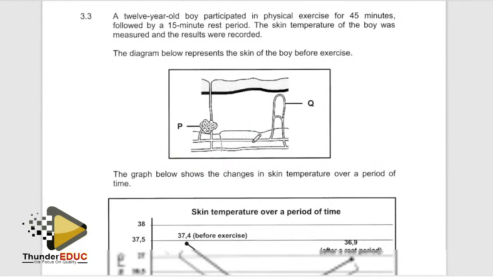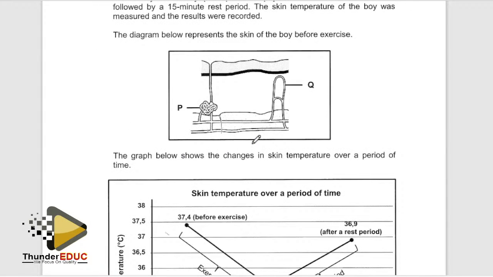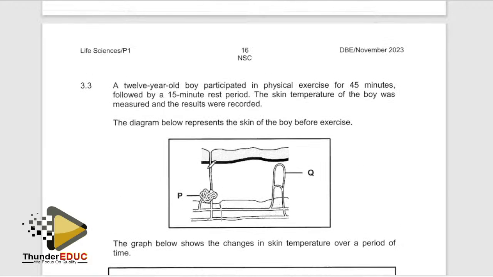Then the next question says that a 12-year-old boy participates in physical exercise for 45 minutes, followed by a 15-minute rest period. The skin temperature of the boy was measured and the results were recorded.